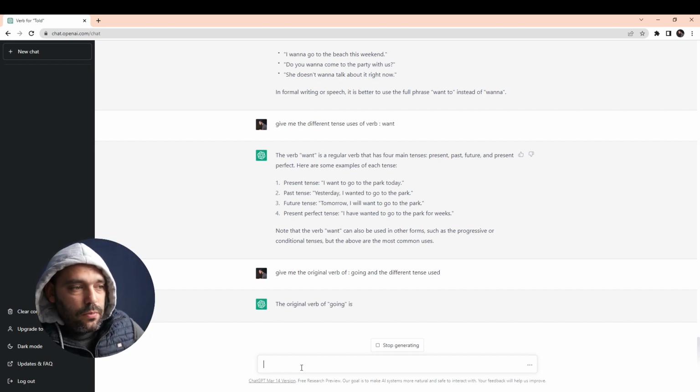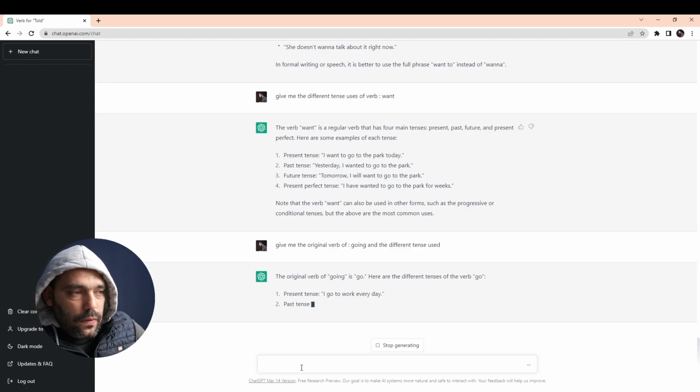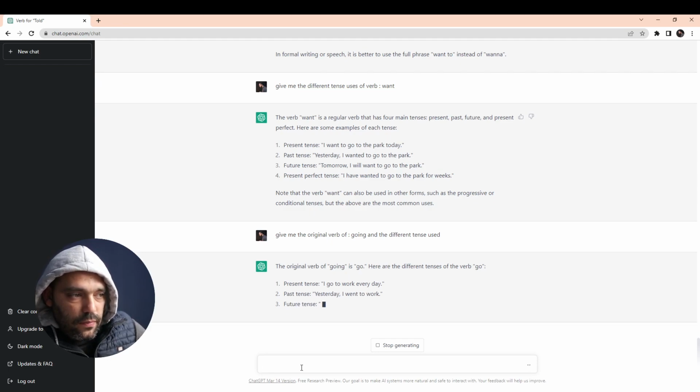The original verb of going is go. Here are the different tenses of the verb go. In the present tense, I go to work every day.